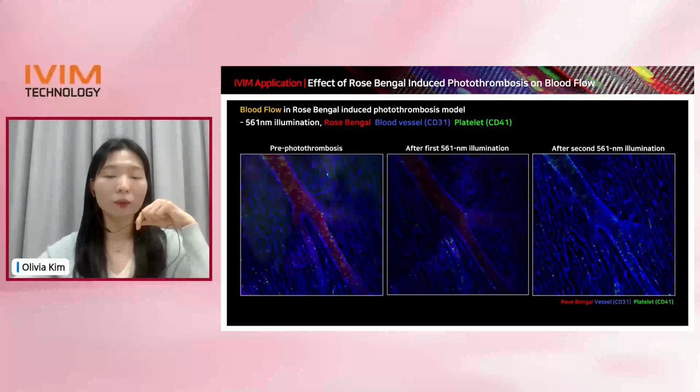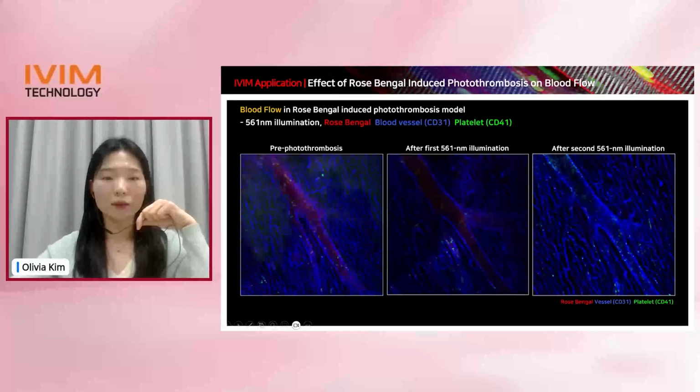First, we imaged the heart before and after laser irradiation following injection of Rose Bengal using a 561 nanometer laser. In this video, the blue represents blood vessels. The red signal represents Rose Bengal circulating in the bloodstream, and the green signal represents platelets. In the first video, taken before laser irradiation, platelets are seen flowing rapidly through the vessels.